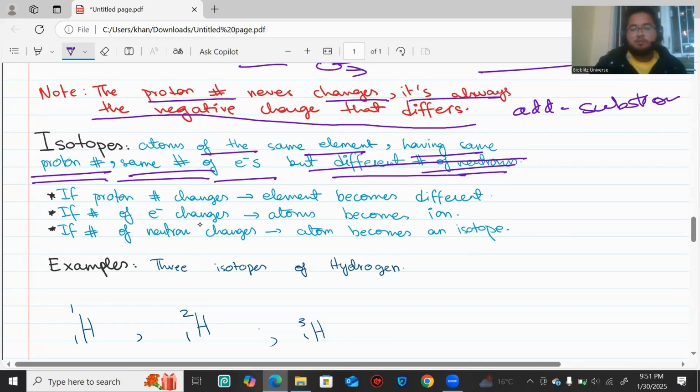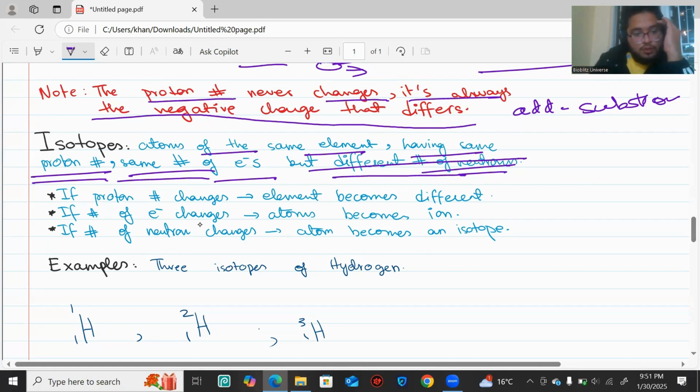What does this mean? It means that the proton number and the electron number are the same and the neutrons are different. So basically, its physical and chemical properties are not changed, but it can be changed.